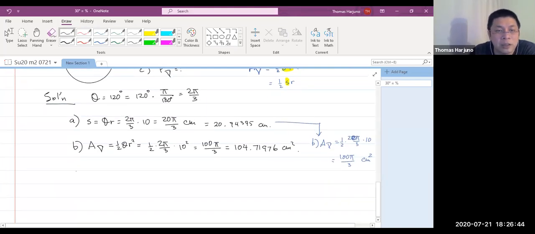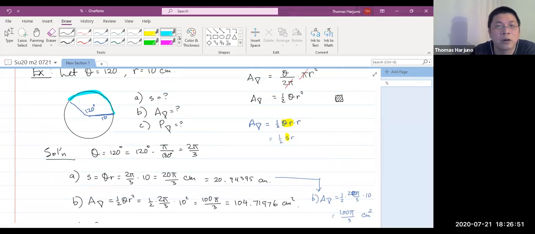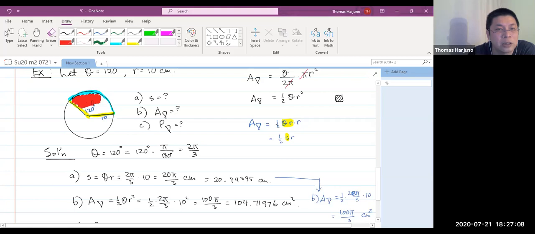Now, part C makes you think a little bit. How about the perimeter of the sector? If you take a look at that sector, the perimeter is the blue shade plus twice the radius. You see that? To enclose this sector, I need the arc plus twice the radius.